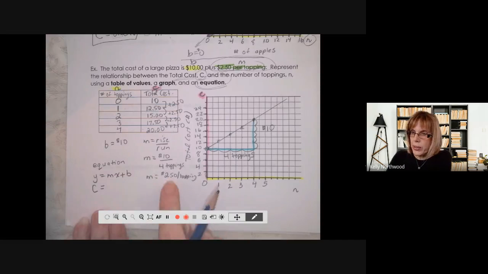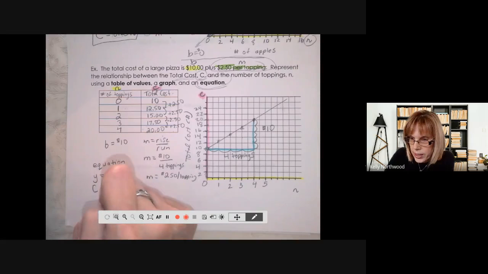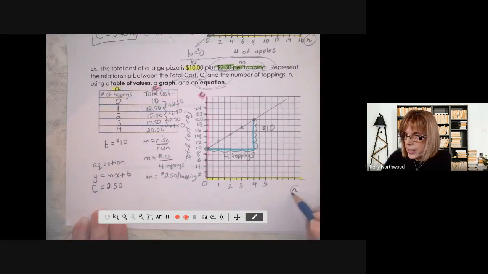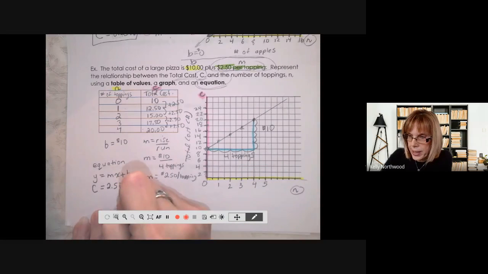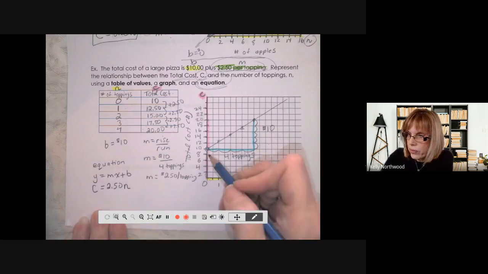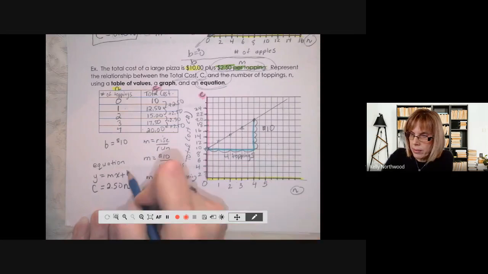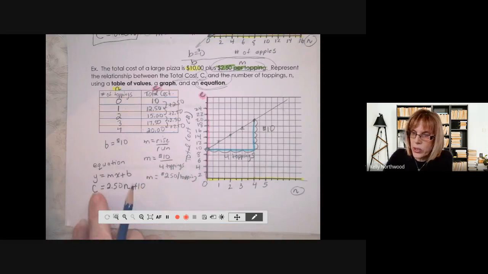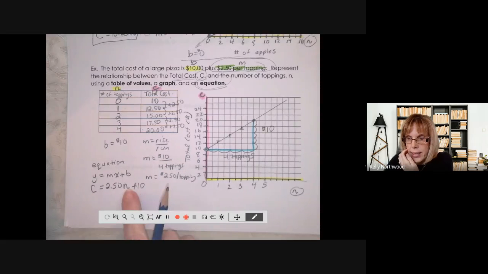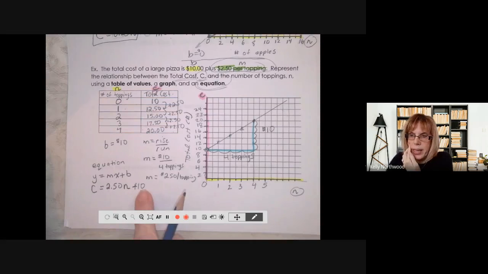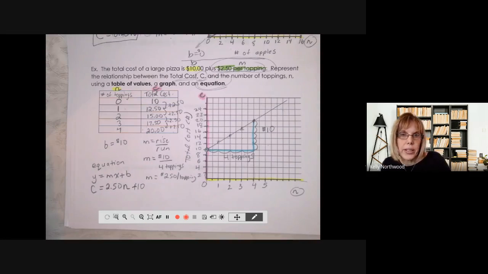M is our slope number, so it's 2.50. Instead of our x-axis, this is our n-axis, so I replace x with n. Plus our initial value, which was 10. And again, this equation means the total cost of a pizza is the number of toppings times 2.50 plus $10 for a plain large. That's how they calculate it.